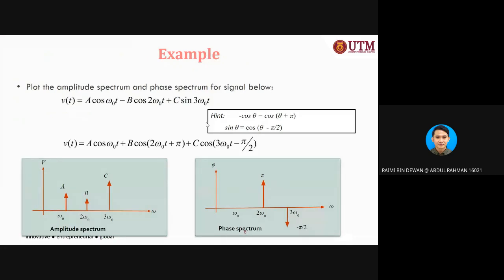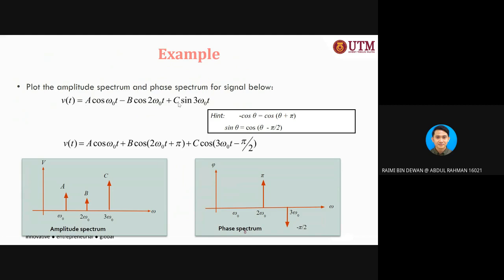Next, okay, here is an example: plot the amplitude spectrum and phase spectrum for the signal below. So you have A cos omega naught t minus B cos 2 omega naught t plus C sin 3 omega naught t. You see, we have two cos and one sin. So logically, you will try to have only one type, only cos or only sin, for example.